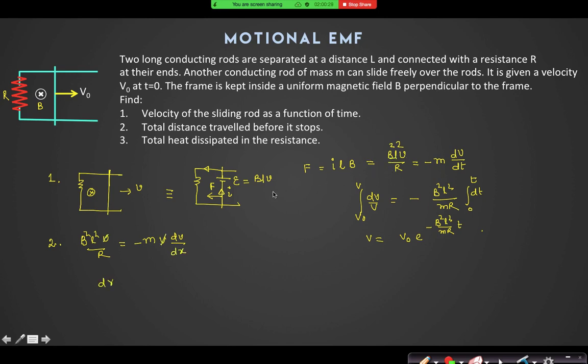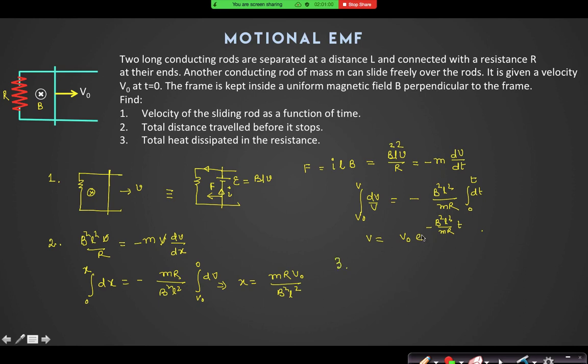So dx is equal to minus mR by B square L square into dv. From where to where will the velocity change? When it finally stops, so v0 to 0, and displacement is 0 to x. So I can find x is equal to mRv0 by B square L square. Have you got this one? Yes, sir.